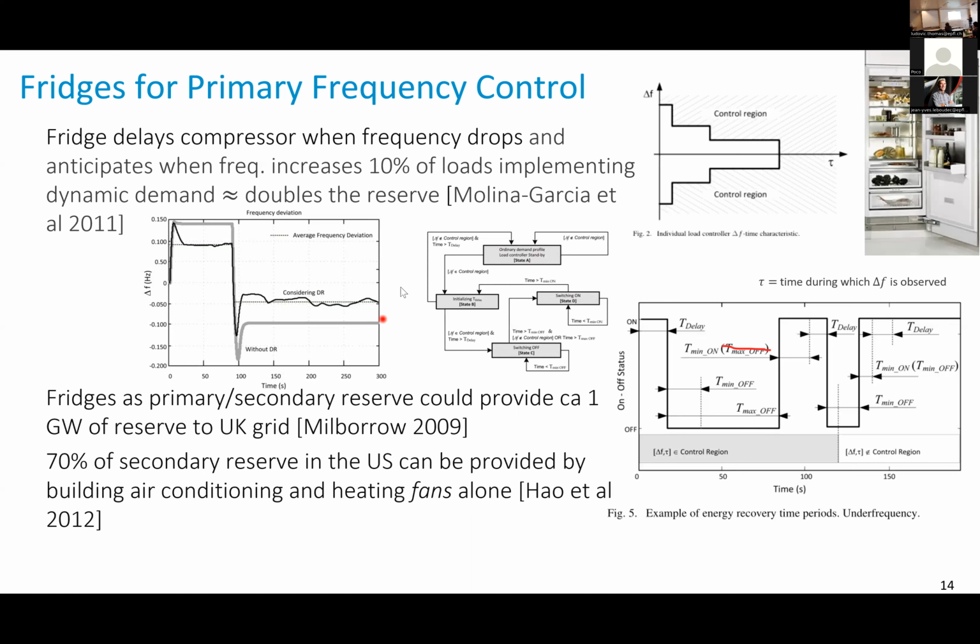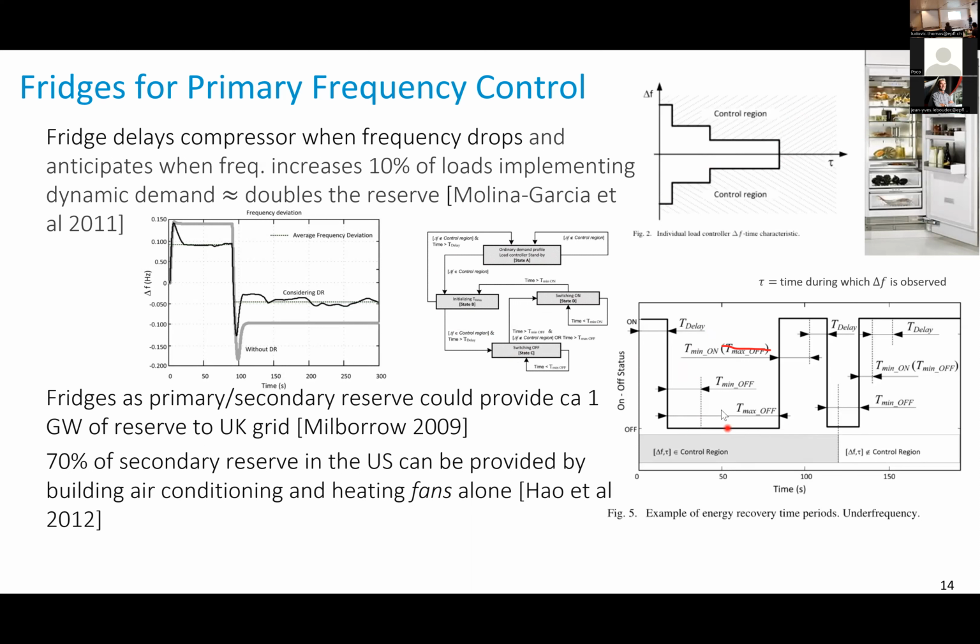So people have developed chips that you can put on the electronics of a fridge that sense the frequency of the AC current. They sense the frequency, and they instruct the fridge. They put the fridge in a mode where, depending on the inside temperature, it will go off or on.